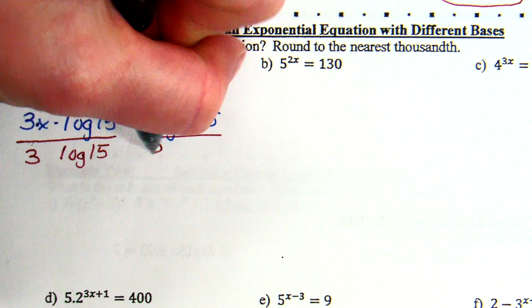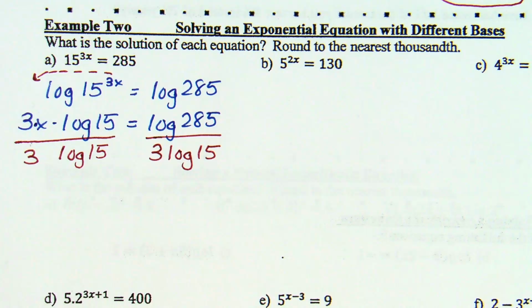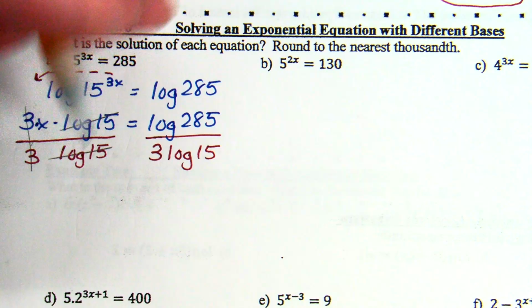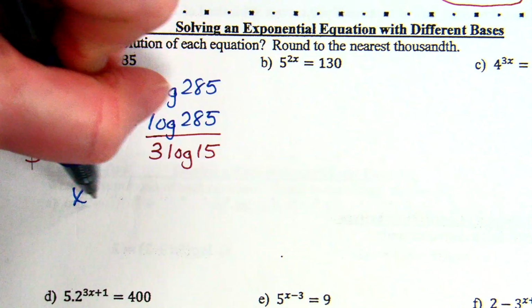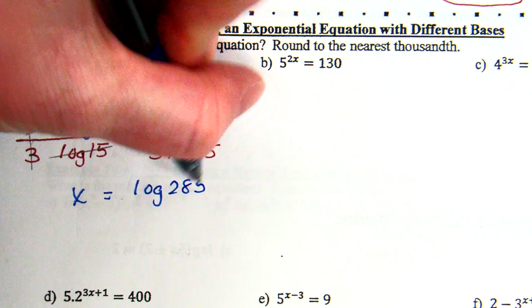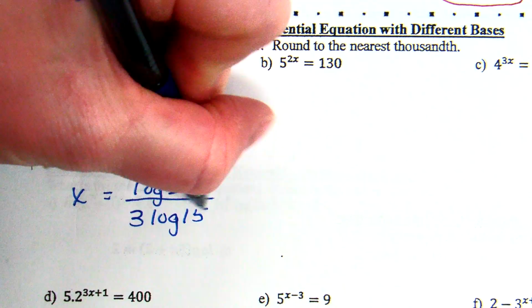So we're dividing by 3 log of 15. Do we see how this is working? My 3's cancel. My log of 15's cancel. So I end up with x is going to be whatever log of 285 divided by 3 log of 15 is.